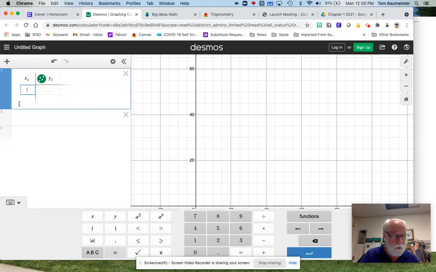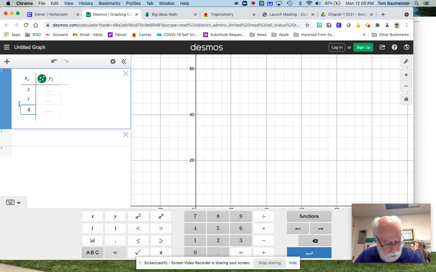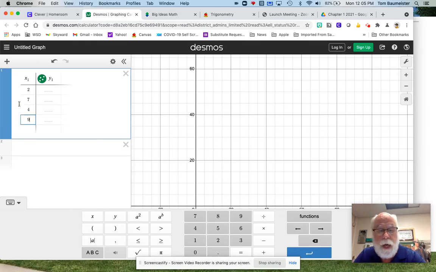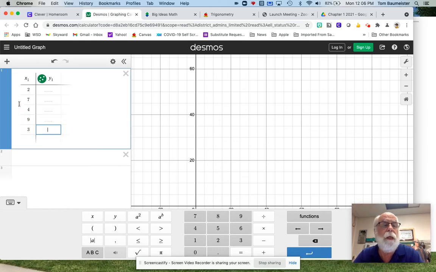And on my table, I'm going to put in 2, and then I'm going to put in 7, 4, 9, and 3. I'm going to go back up, and I'm going to put in 3, 21, 12, 27, and 7.